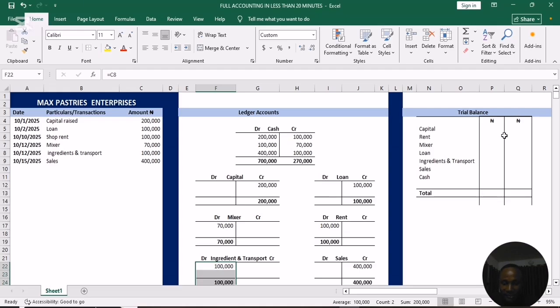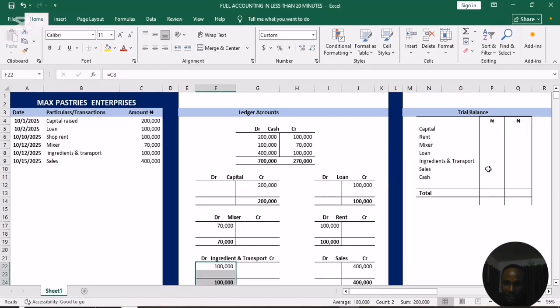So all the entries at the debit side will be made at the debit side of the trial balance, while the corresponding credit entries will be put at the credit side, to ensure that our entries are accurate and correct.